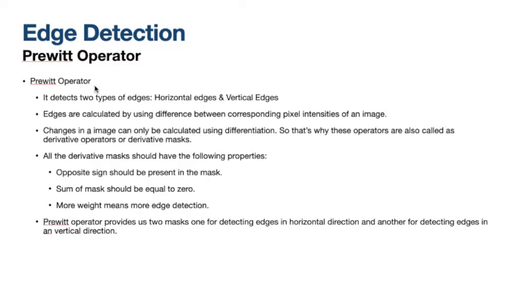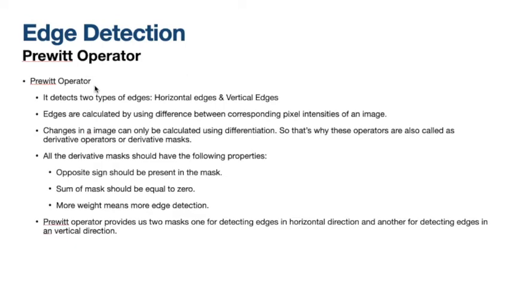All these derivative masks should have the following properties: opposite signs should be present in the mask, the sum of the mask should be equal to 0, and more weight means more edge detection.